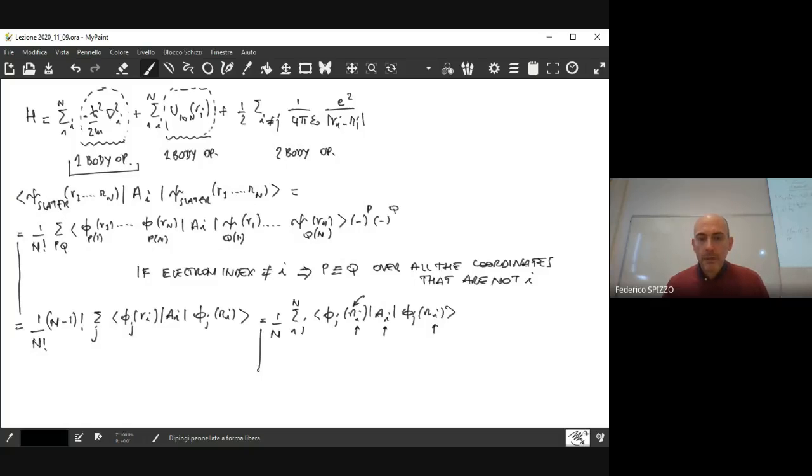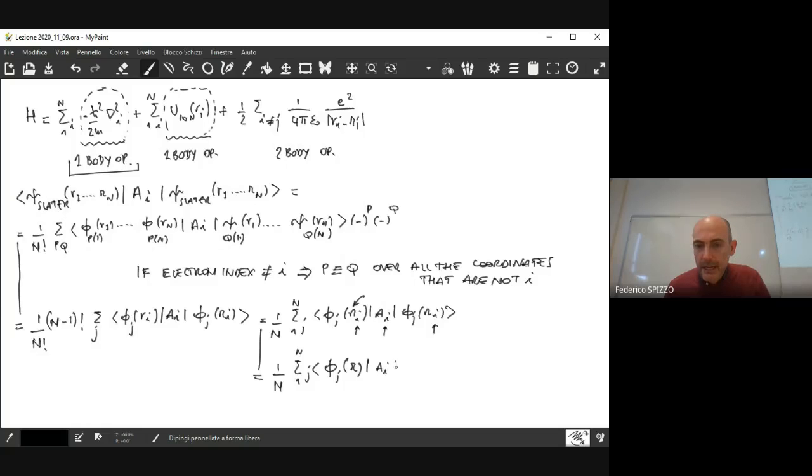So it's possible to rewrite this in a more general way, just as 1 divided by n, summation over j from 1 to n of phi j, operator, phi j of coordinate r.